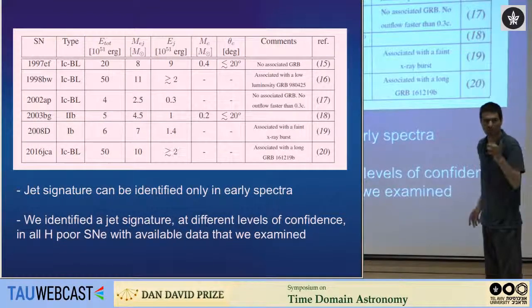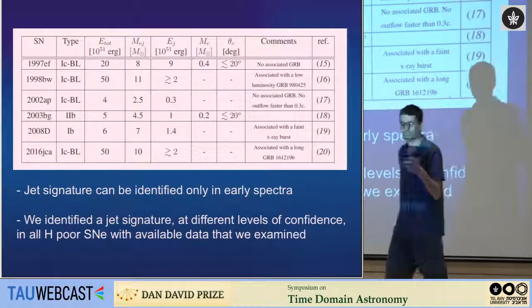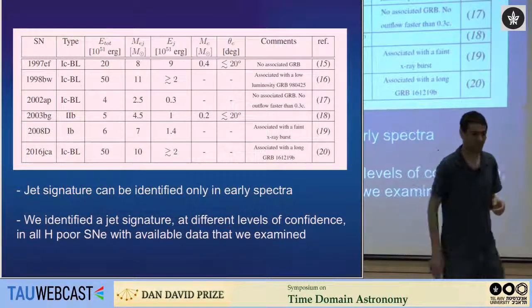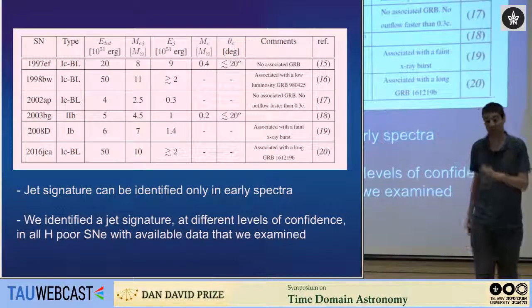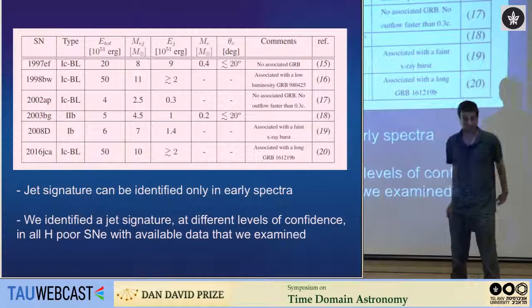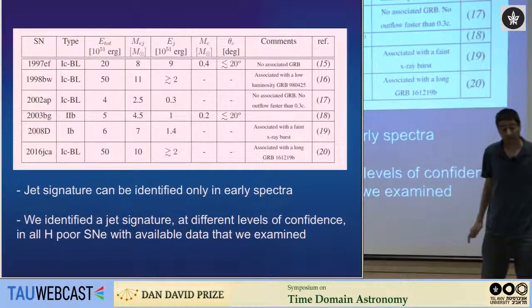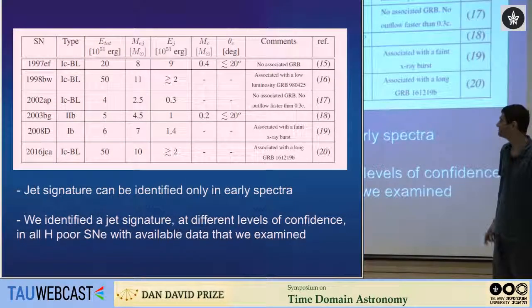I think Doron, I'm not sure if he is here, compiled all the energies of type 2s, 1Bs and 1Cs, and he showed that 1Bs and 1Cs are more energetic. Yeah, but it's true what she said. This is a bit high for 1BCs. I think other people get different values for the total energy. It depends a lot exactly on how much mass you put at high velocities.